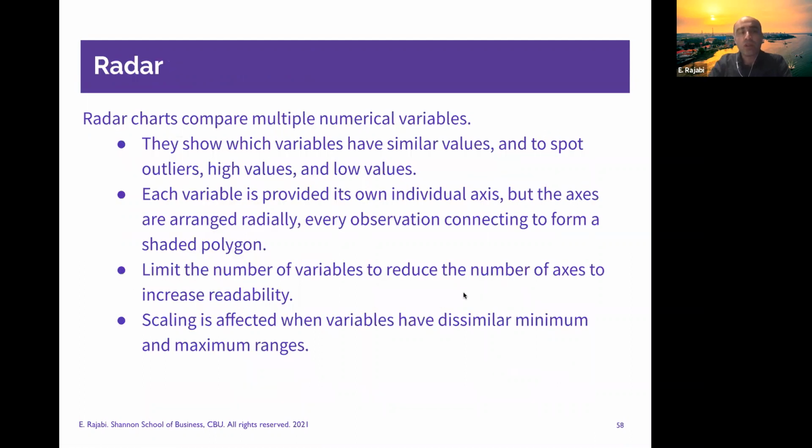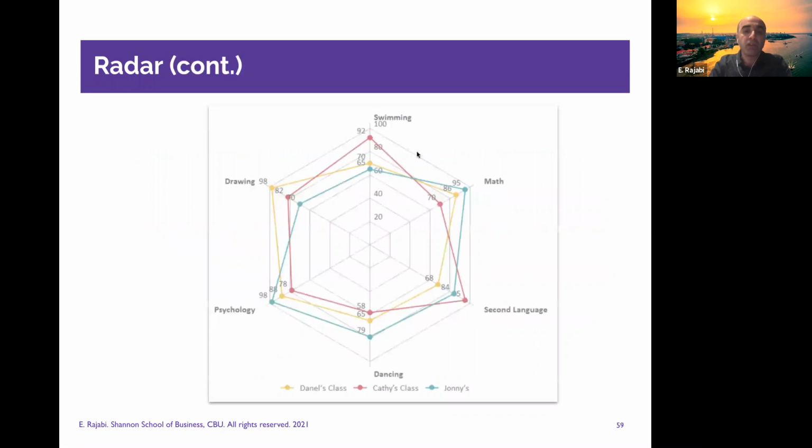Radar charts compare multiple numerical variable. Sometimes we have columns, they are all in the same time, same data types and data range. For that case, we want to see the patterns between the data. For example, it is used, in the healthcare domain, when we want to see, for example, patient tests.